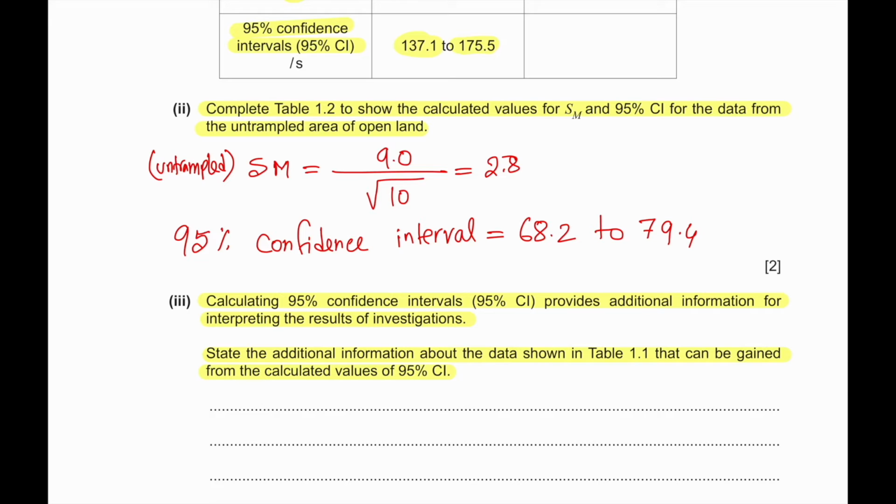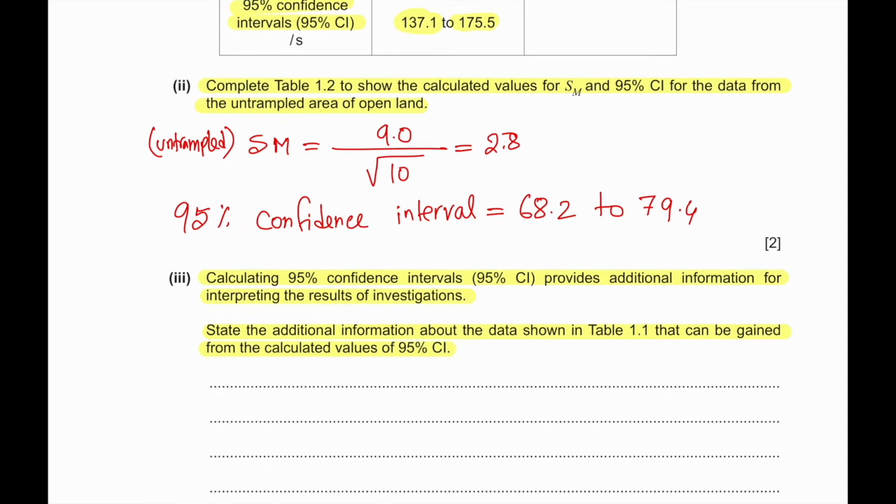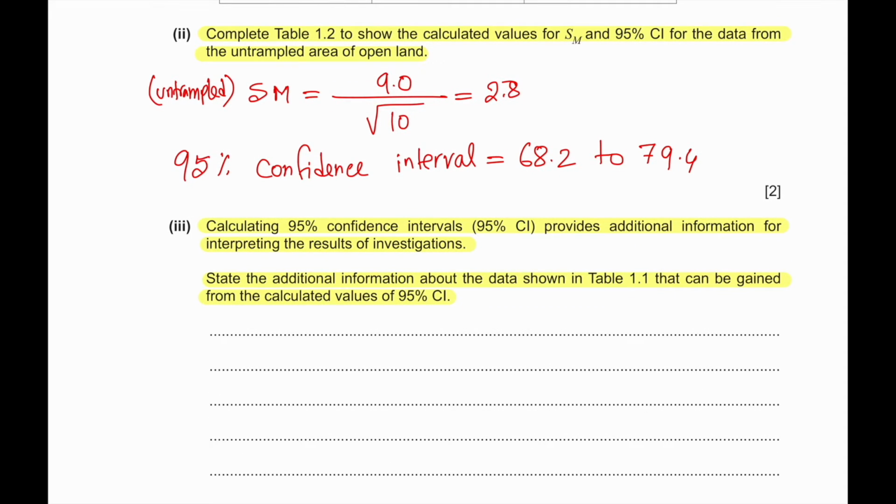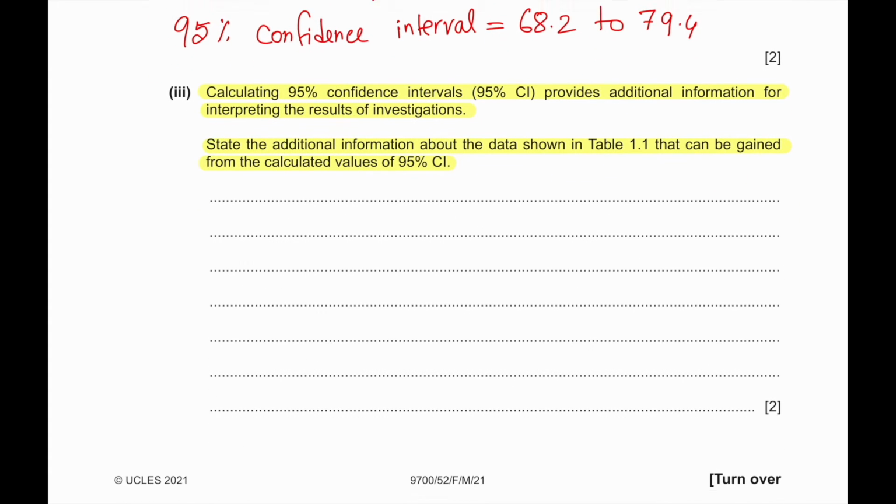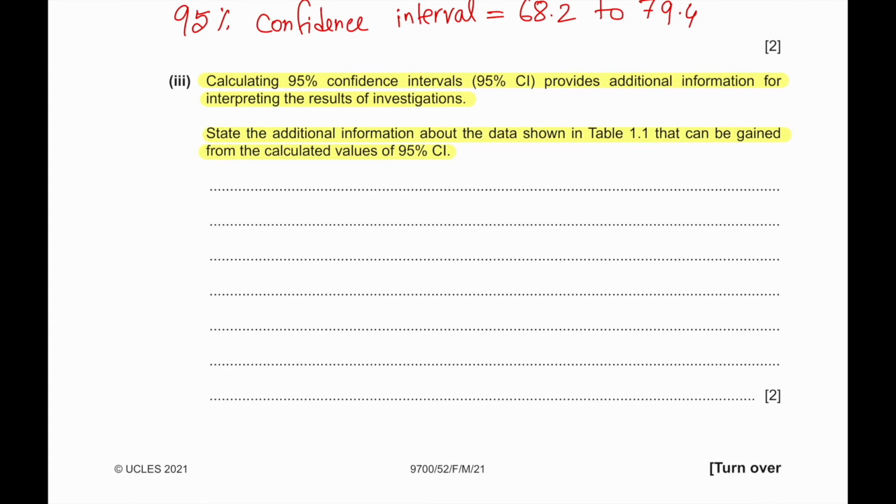The difference between the averages is likely to be significant at probability less than 0.05 because there is no overlap between the 95% confidence intervals for the untrampled and trampled areas. The narrower the confidence interval in the untrampled area, the closer the calculated average is to the true average. So that's how we can use this information.